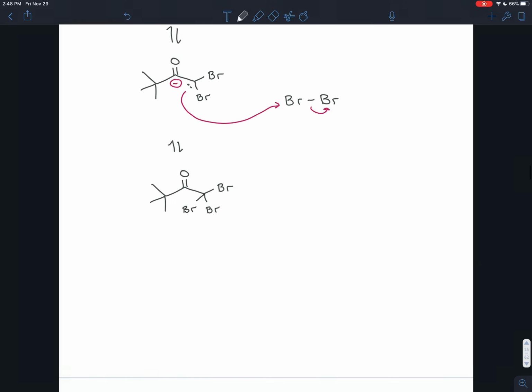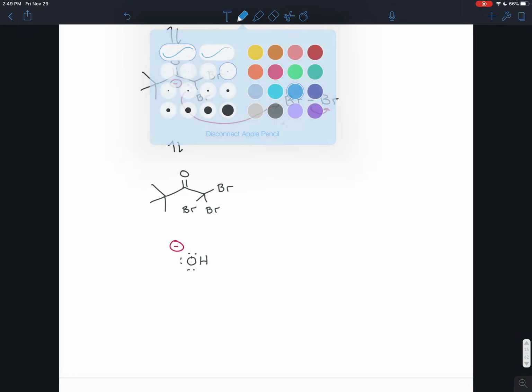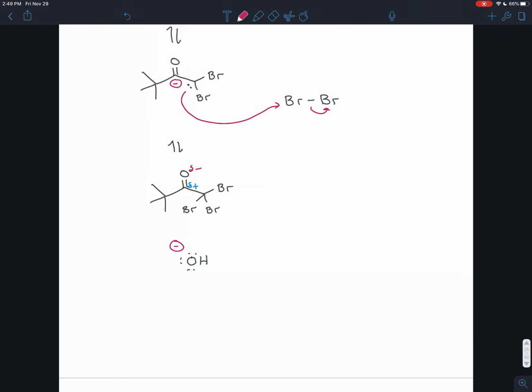Okay, what then? Well, we still have more hydroxide in the solution. There are no more acidic alpha hydrogens left. So, what can this do? OH- is not just a strong base, it is also a strong nucleophile, and the carbonyl carbon is slightly positive. It's losing electron density to the oxygen there.